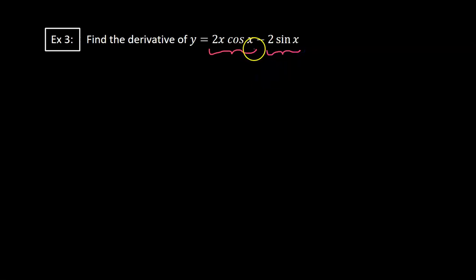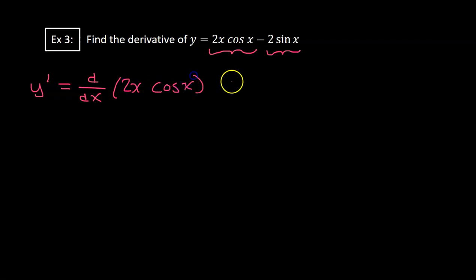Because of the sum and difference rule, we know that we can find the derivative of y by taking the derivative of each one of these terms separately. So in other words, the derivative of the overall function will be the derivative of the first part minus the derivative of the second part.